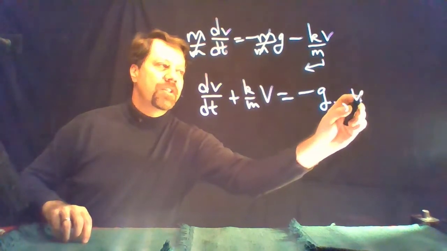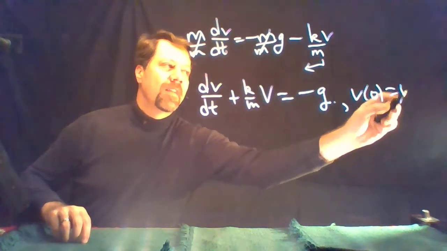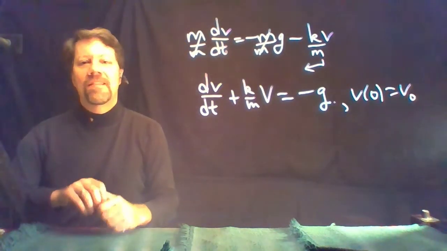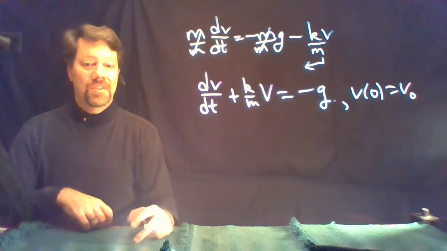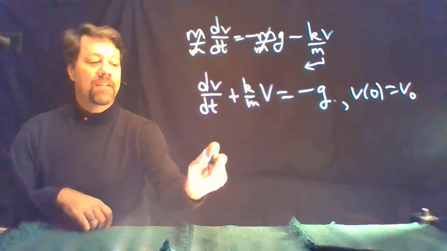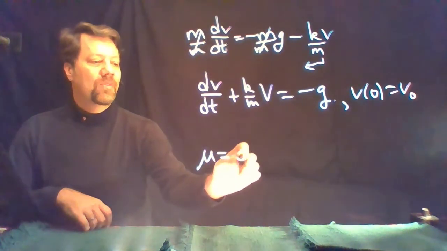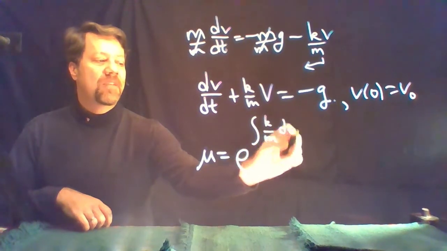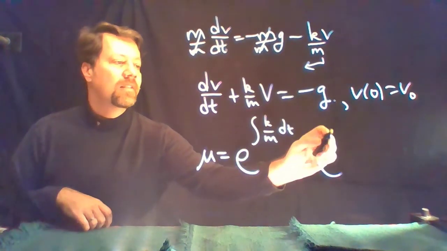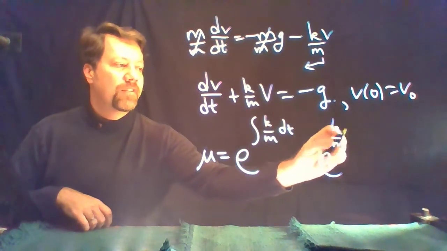Let's add an initial condition that at time t equals 0, the velocity is v0. To solve this, we first need to find the integrating factor mu, which is e to the integral of k over m dt, or just e to the (k/m)t.